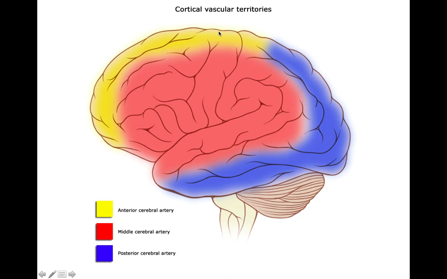Okay, yellow color is the area supplied by the anterior cerebral artery. This includes the rim of the superior border of the frontal lobe and a part of the parietal lobe. The entire occipital lobe and the inferior part of the temporal lobe are supplied by the posterior cerebral artery.